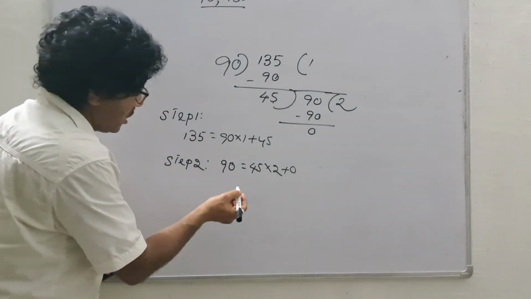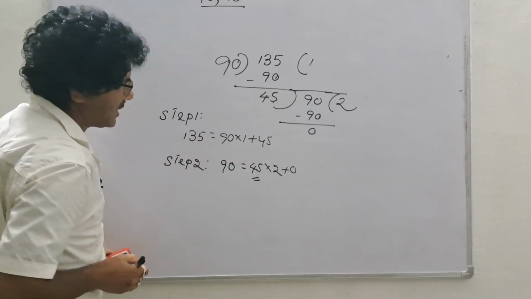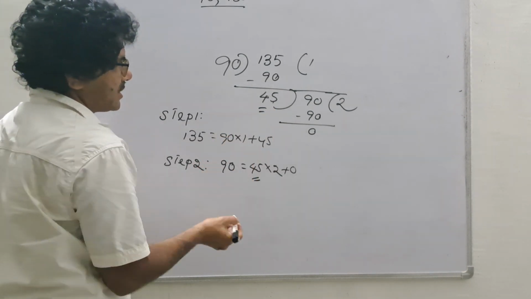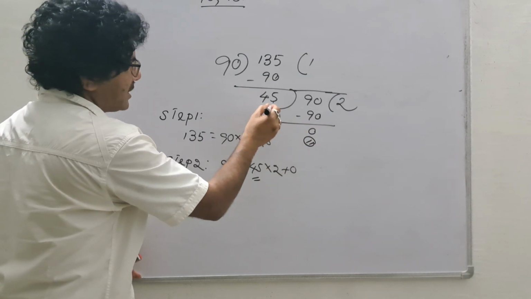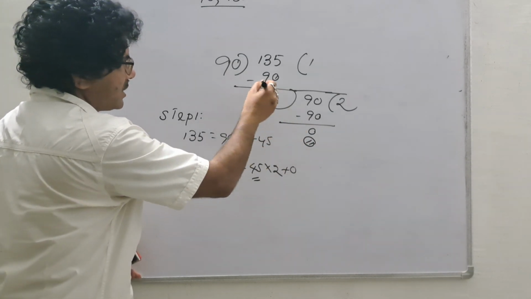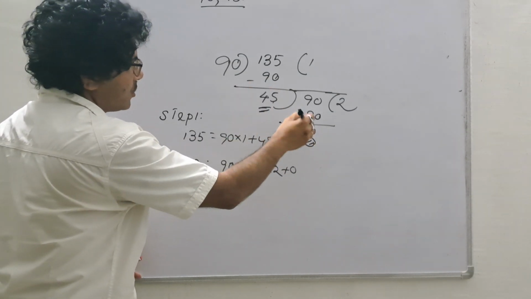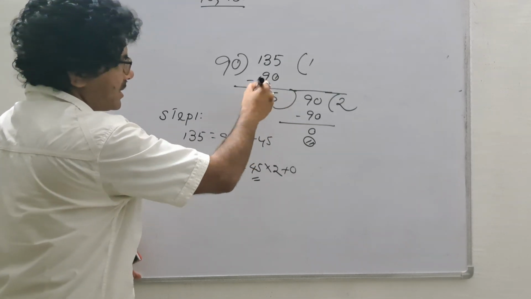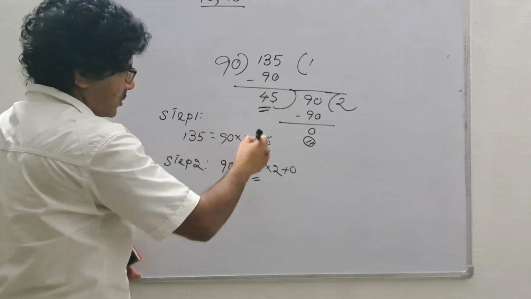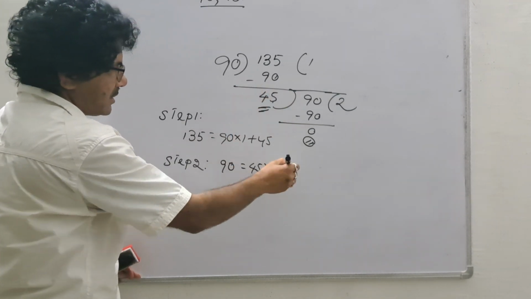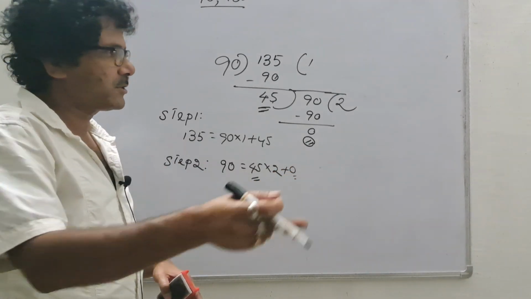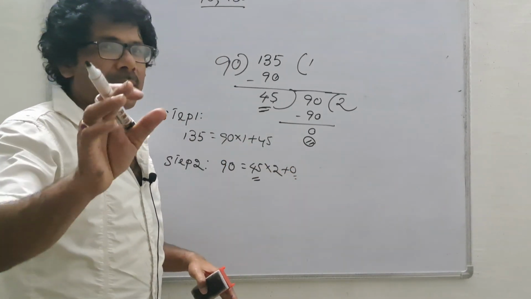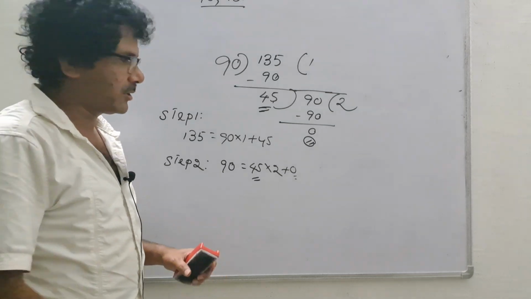So this is the divisor, and when the remainder for this divisor is 0, then this divisor is the highest common factor. This is the remainder, this is the divisor, this is the quotient, and this is the dividend. Once more, watch my previous video on Euclid's division lemma, then you will understand.